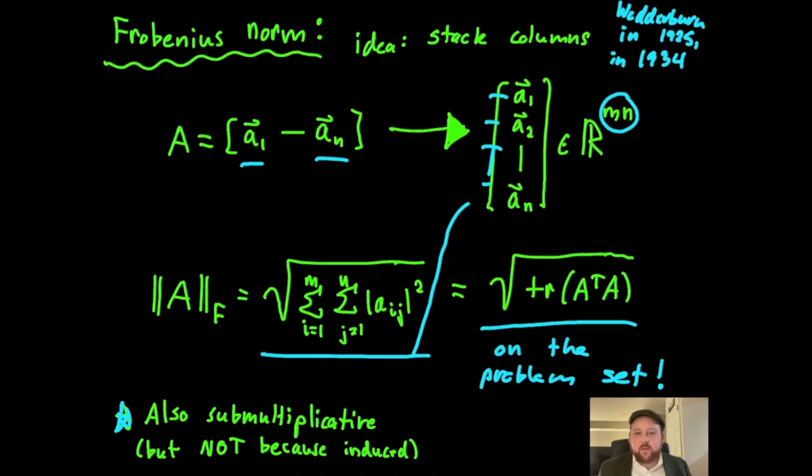Just keep that in mind. In this class, the only matrix norms we ever consider will be the Frobenius norm or any of the induced matrix p norms. So for the intents and purposes of our class, all matrix norms are submultiplicative, but there are matrix norms that aren't. So just know that fact.